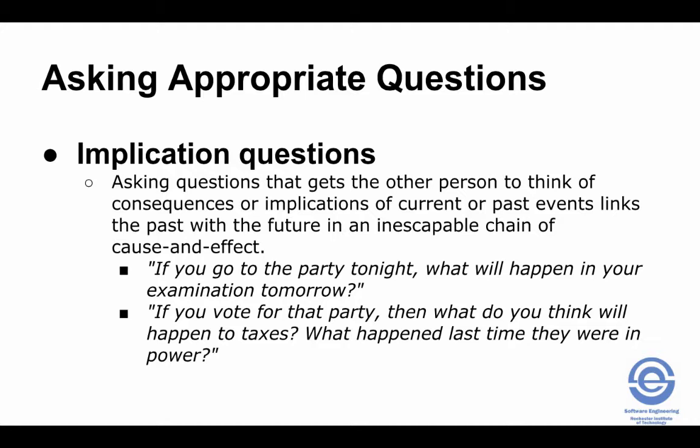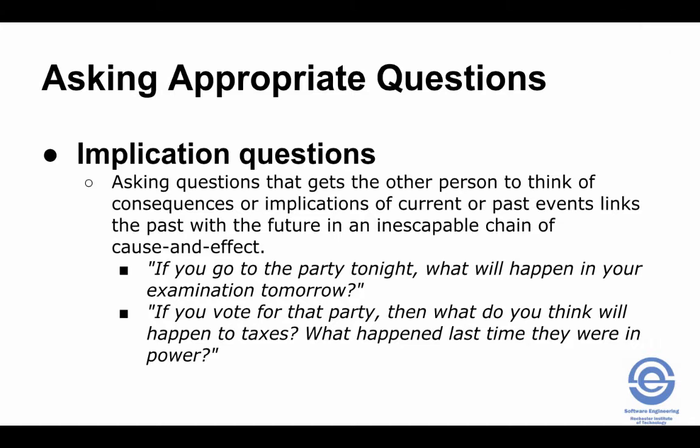So you want to make sure you don't implicate users in a way that affects what they're thinking. You don't want users to think about the consequences or implications of current events as far as how they will link with future actions. An example could be something along the lines of, if you go to that party tonight, what do you think will happen in your examination tomorrow?